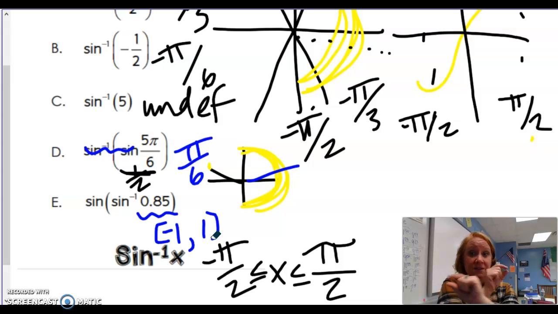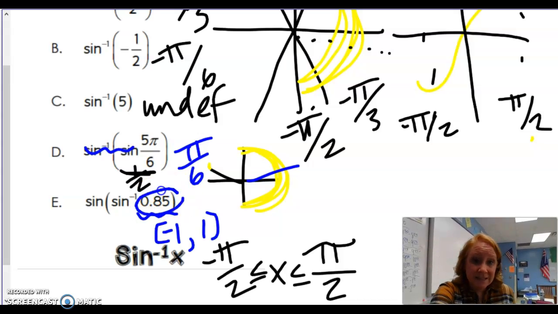Well, for the inverse, I swap those. So now my domain is -1 to 1, and my range is negative pi over 2 to positive pi over 2. Okay, so I look at this. Does this fit within there? It does, so I don't have to swap it over to the other side. So my answer is just pi over 6.